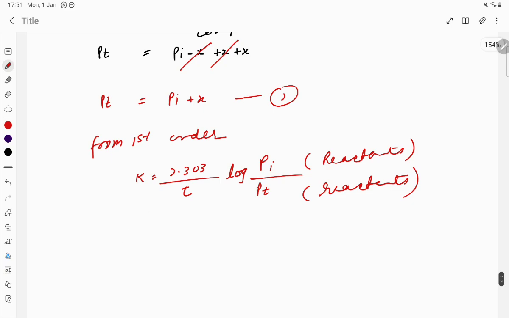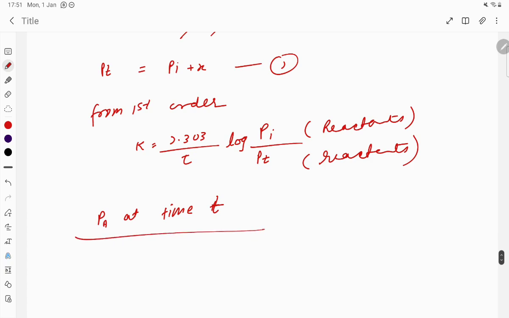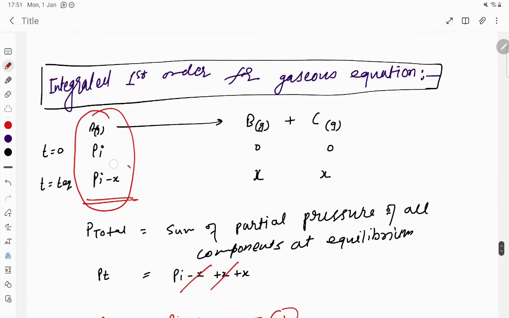Writing P in terms of A at time t, how will you calculate it? It is Pi minus x.